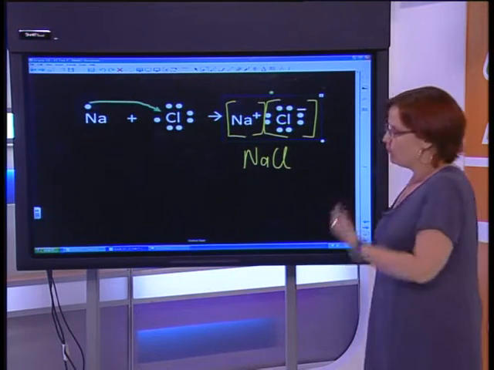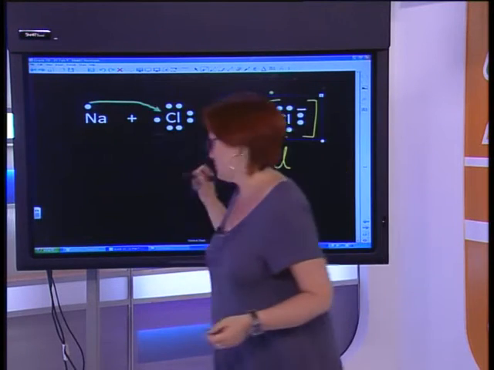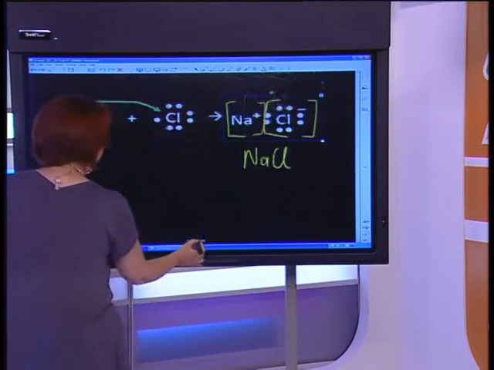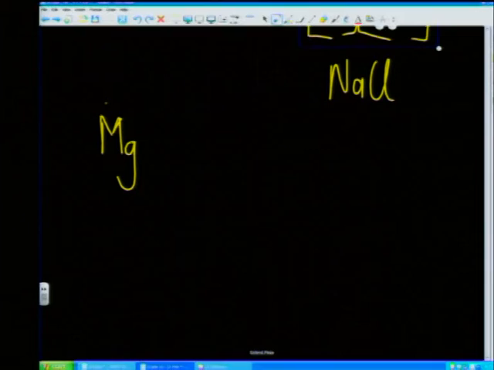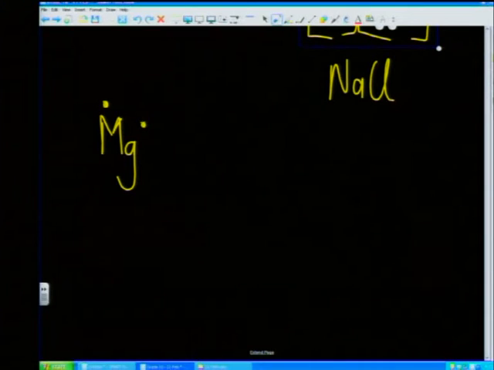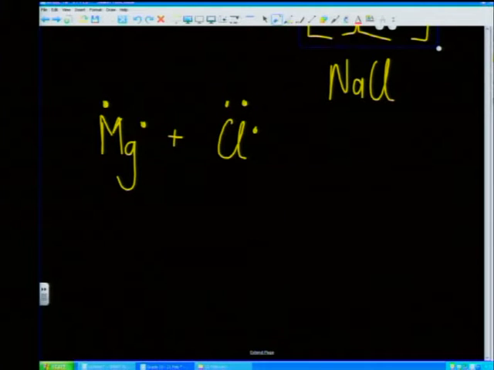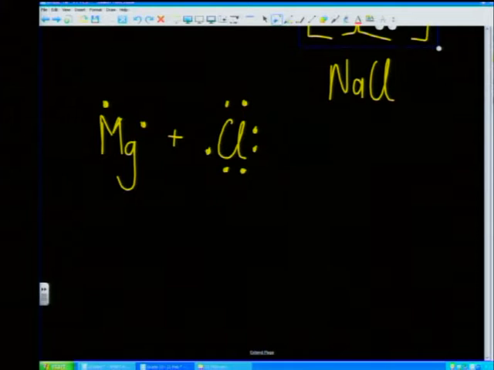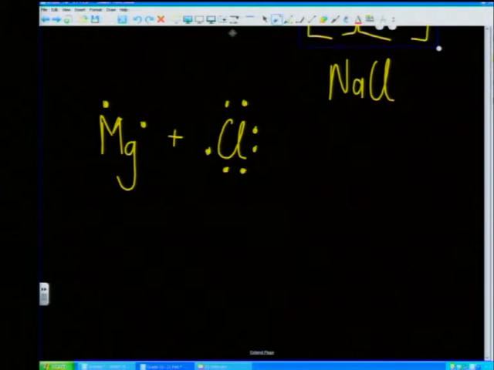Okay, let's use magnesium. I just want to show you one more example. Magnesium, which is in group 2, if we add it to chlorine, which is in group 7, we go, well, my magnesium is going to give its electron away.